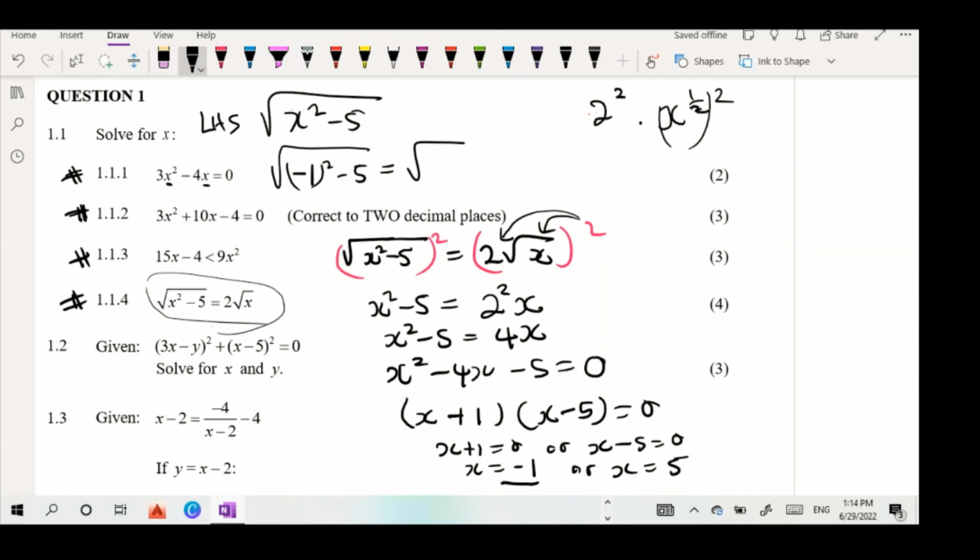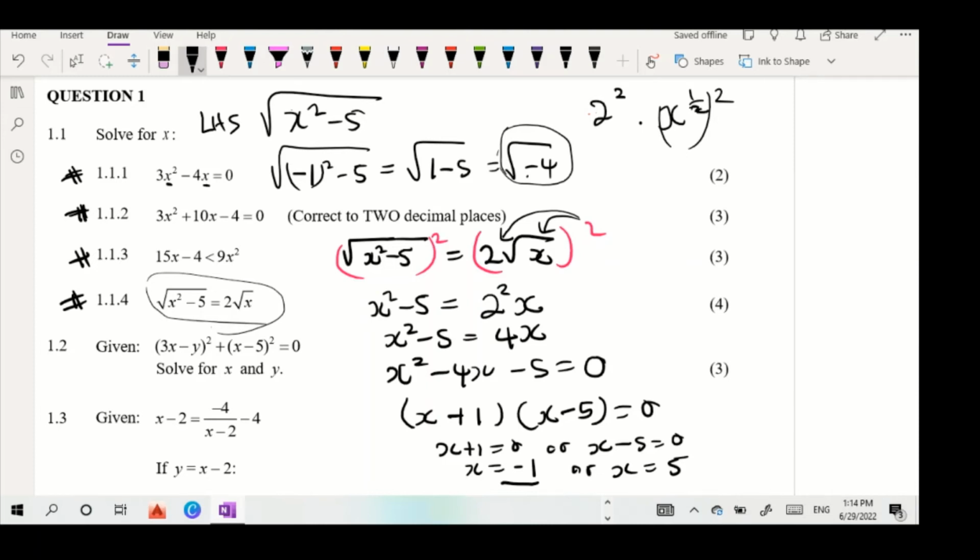What you're going to get here is positive 1 minus 5, which is equal to the root of minus 4. So a root that has the negative sign inside just doesn't exist, right? It's not real, right? So there's no solution for this one.